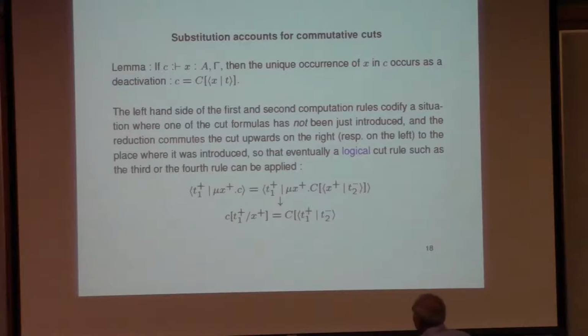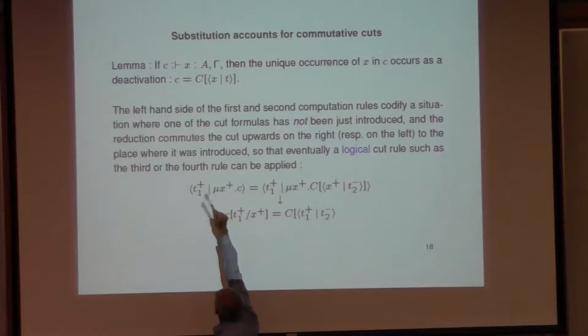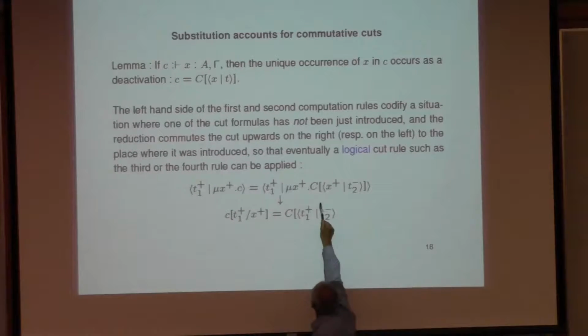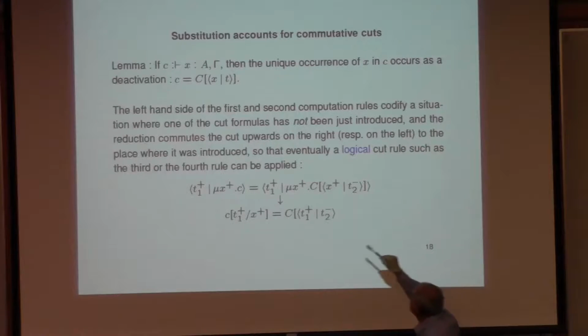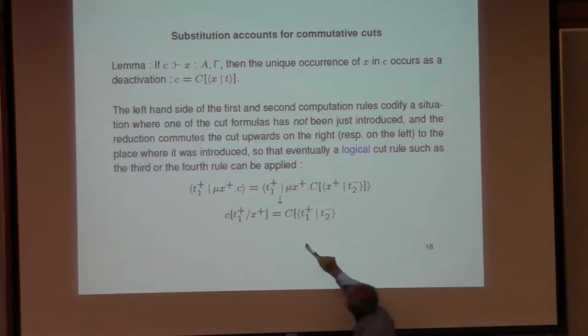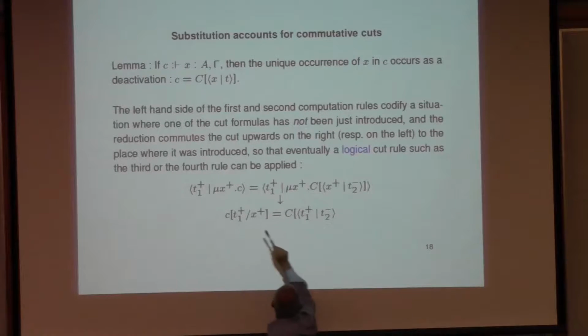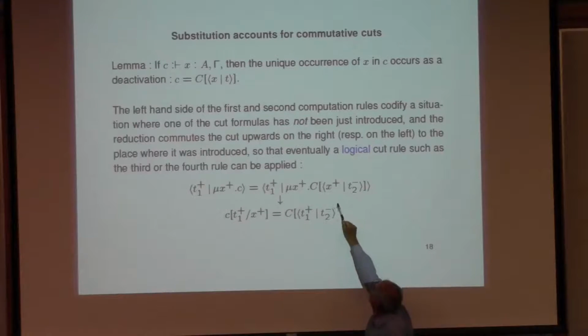More concretely, if I replace C by this context, and if I do the substitution now of T1 plus in this context, the result of this reduction is actually to have plugged T1 plus exactly in contact with T2 minus.